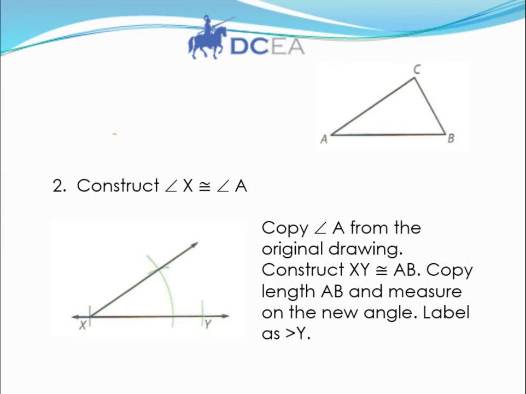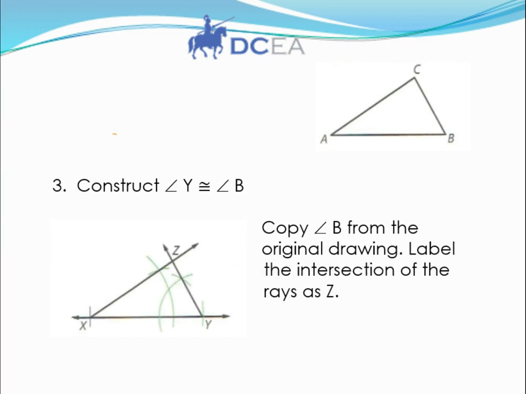Then we copy angle A. We copy angle A from the original drawing and we place it on our line that we've drawn, XY. And we copy the angle, which will now be angle X. Then we'll construct our third side.